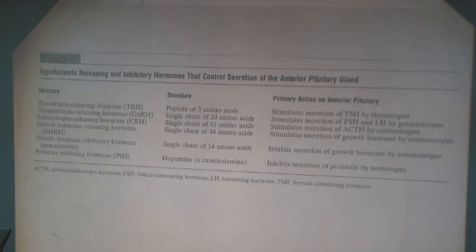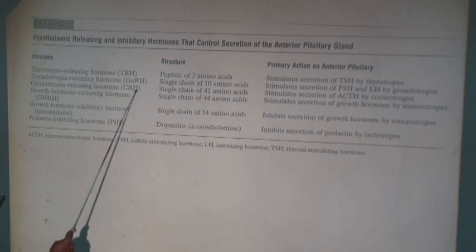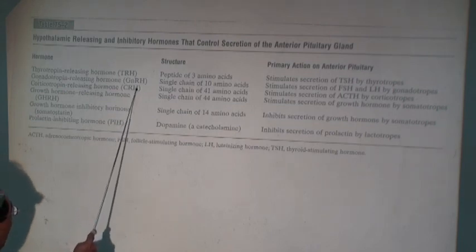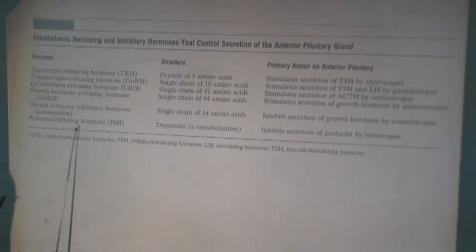And these are the hormones of the hypothalamus. Thyrotropin releasing hormone stimulates secretion of thyroid stimulating hormone. Gonadotropin releasing hormone stimulates FSH and LH. Corticotropin releasing hormone stimulates the activity of ACTH.